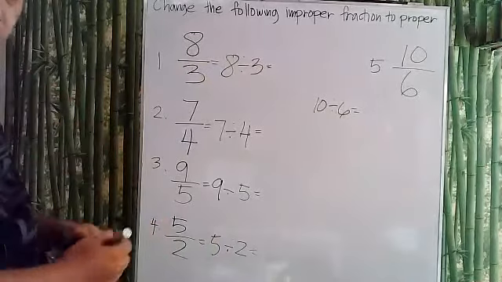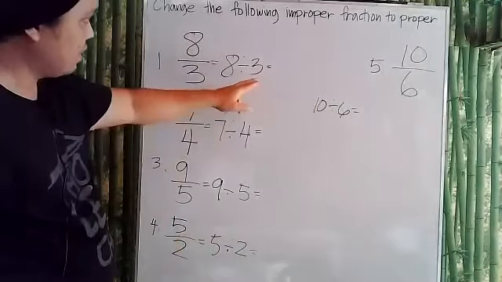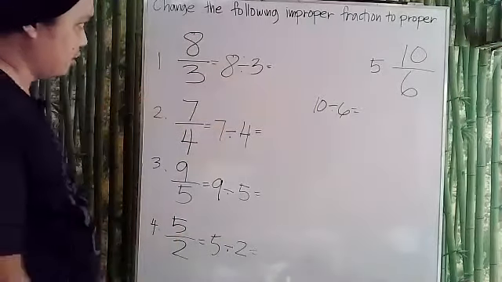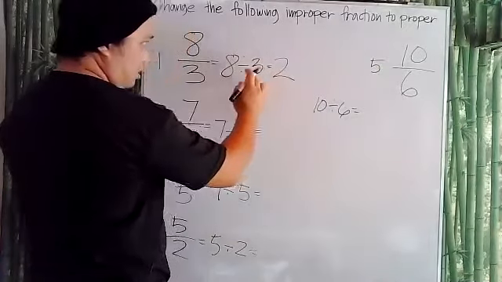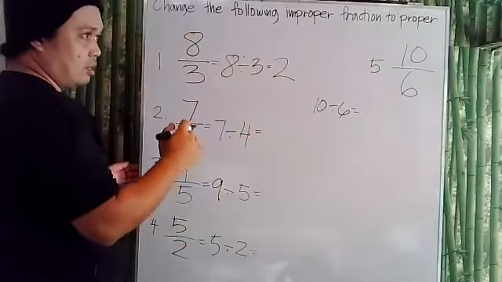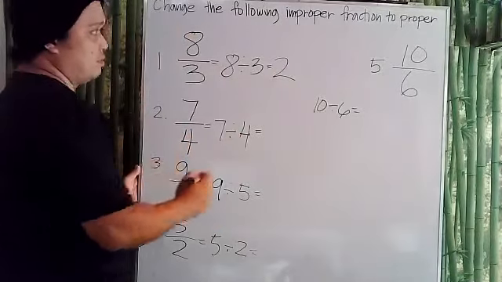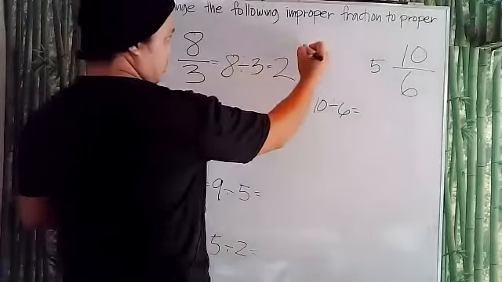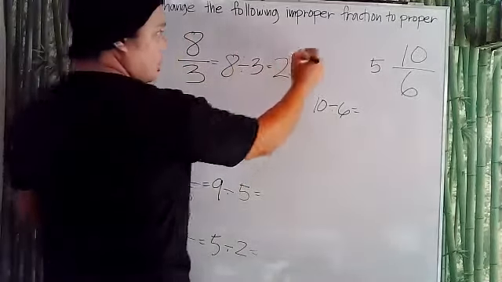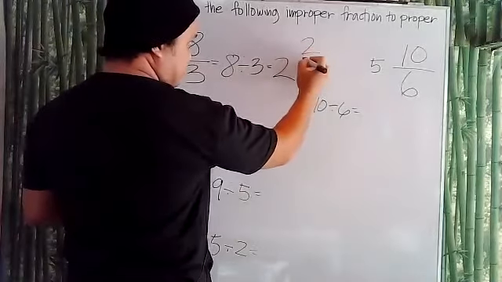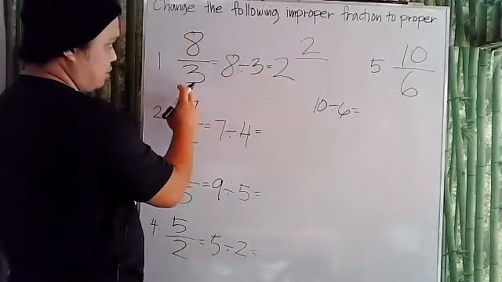So if we are going to divide now, 8 divided by 3, how many 3s are there in an 8? There's 2, right? Because 2 times 3 is 6. And we have a remainder 2 because we have 8. So the remainder here becomes the numerator, and our denominator here is 3.